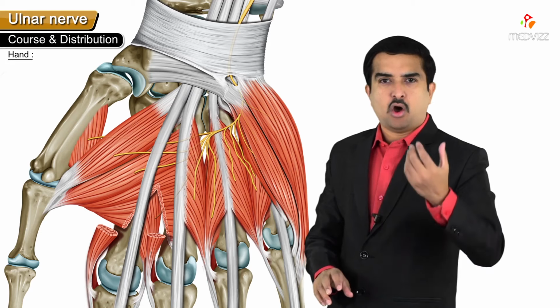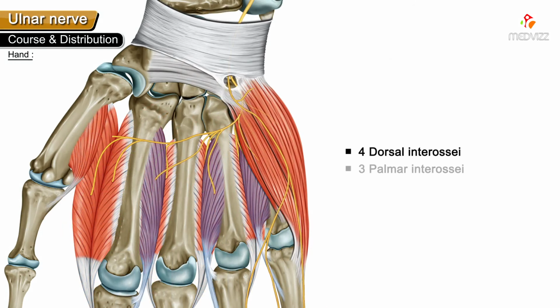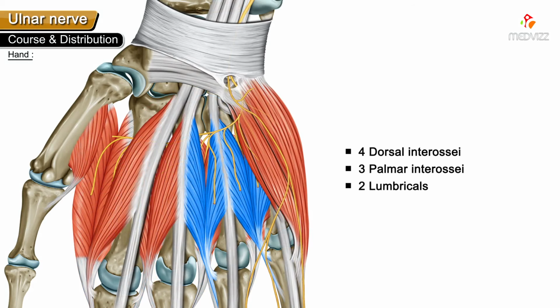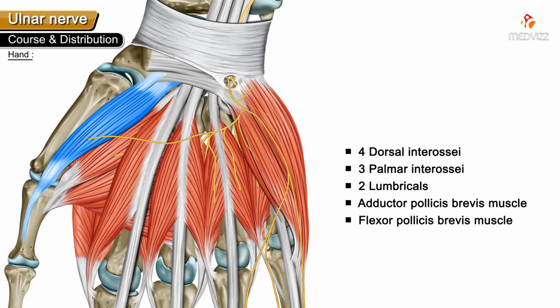These include all the interossei, that is 4 dorsal and 3 palmar interossei, and the medial 2 lumbricals, which are innervated by the deep branch of the ulnar nerve. And it finally terminates in the thenar eminence, where it supplies the adductor pollicis and also variable portions of the flexor pollicis brevis muscles. This is how the deep branch terminates.